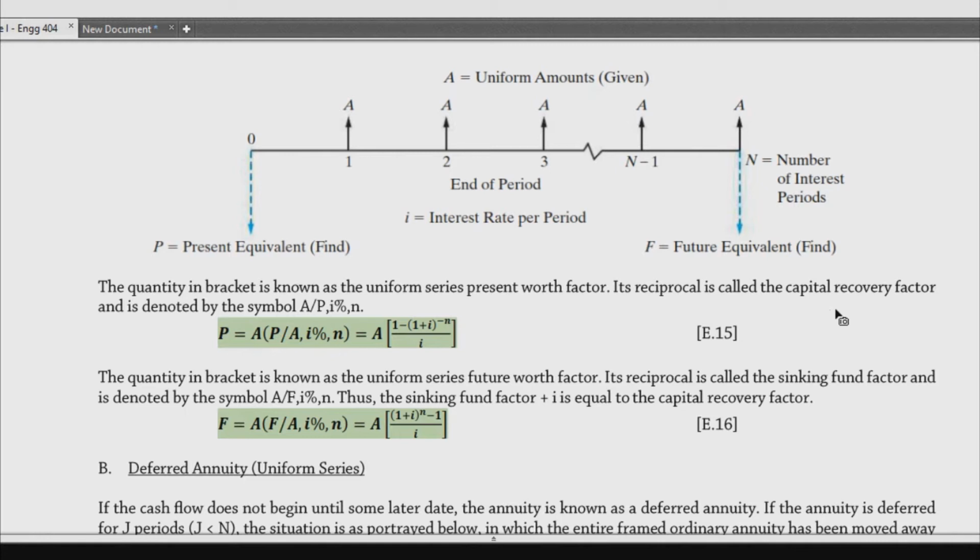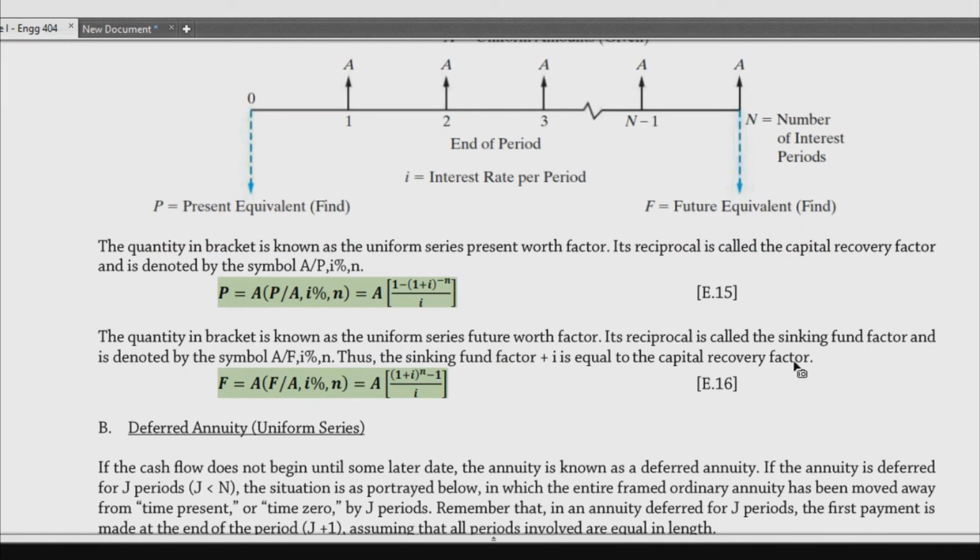So in short, kapag meron kang certain present worth and you want to find your certain annuity that you have to pay, for example, meron akong utang na 20,000 and I want to find what is the certain amount of annuity that I have to pay in order to para matapos yung utang na yon. So I have to multiply this with the capital recovery factor, that is the reciprocal of your uniform series present worth factor.